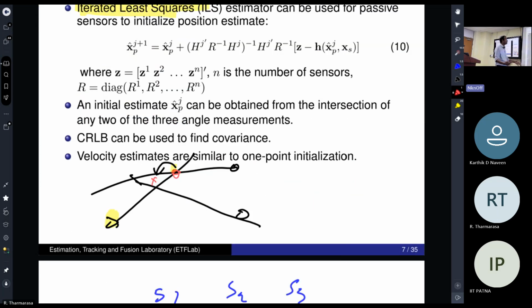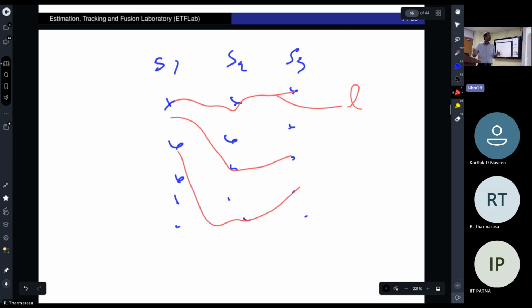For a given association, you can find this and see how likely that triple comes from the target. Once you find the likelihood, you formulate this as an assignment problem, an S-D assignment problem. You can read any paper on that S-D assignment problem, or any specific paper on angle only association. Basically, they formulate this as an assignment problem, find the likelihood for each assignment, then solve it. That is the optimal assignment for the angle.